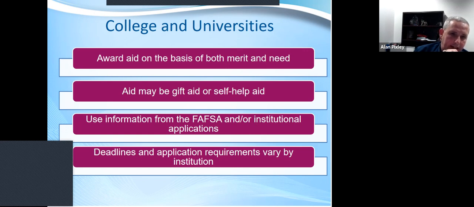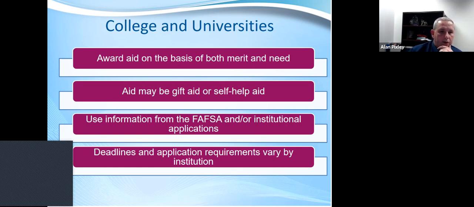Gift aid being some type of grant or scholarship, or it could be self-help, like some kind of work-study program that the college itself offers. The information from the FAFSA can be used to help a school determine who to give that aid to.